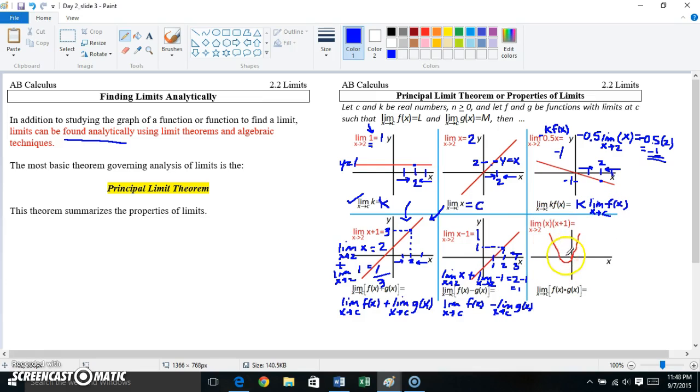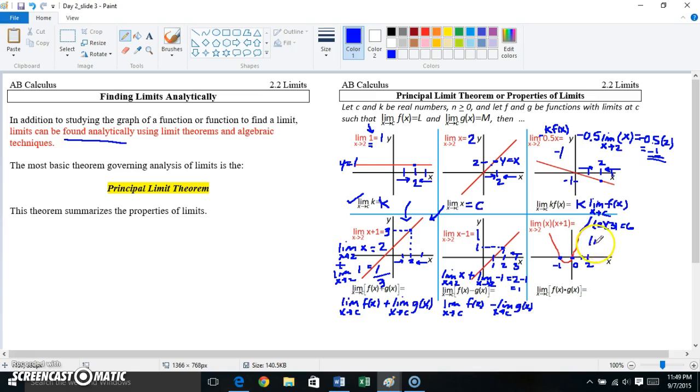Here we have a product. So I see the two zeros of my function x times x plus 1, having zeros at negative 1 and 0. The limit of a product, I could look and just say, what's going to happen as x approaches 2? Somewhere out here is a 2. My graph is a little bit short here. But when x is 2, I'm going to end up getting 2 times 3, or 6.